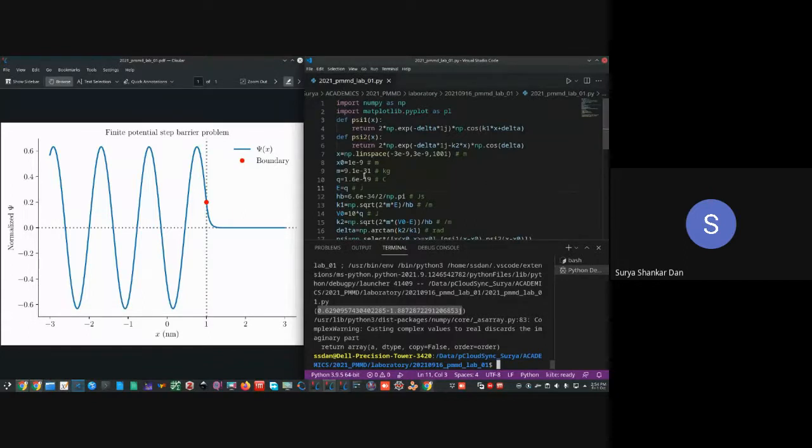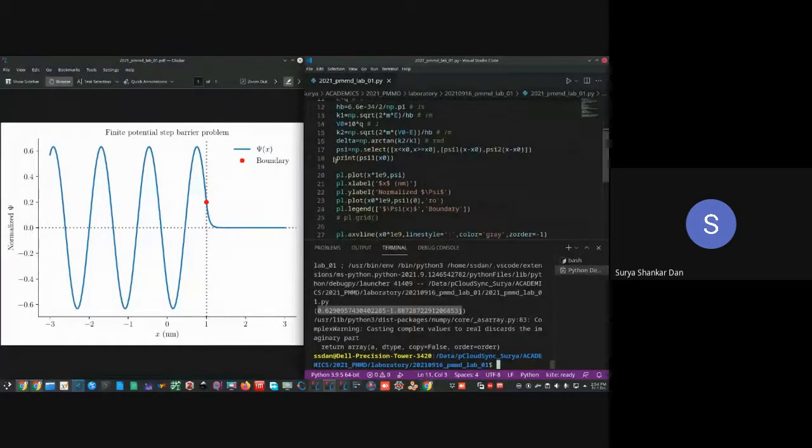Remember, I told you there is a reason why I took this print: so that I can get a numerical understanding of the probability with which the electrons will enter into the barrier or tunnel inside the barrier. Look, this is 0.629 minus 1.887 j, where j is the square root of -1.